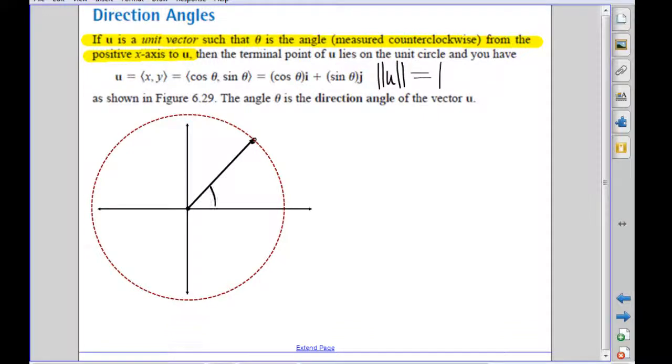So here's theta, and here's the point x comma y that lies on the unit circle. So drawing a quick triangle in here, here's x, here's y. But we know that sine of theta is equal to opposite over hypotenuse. So my y value, if I cross multiply, is equal to sine of theta times 1, or y is simply sine of theta.